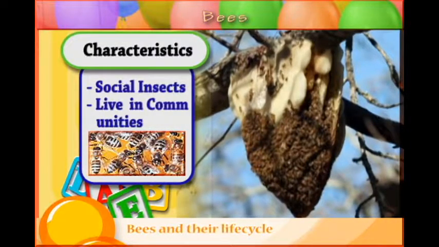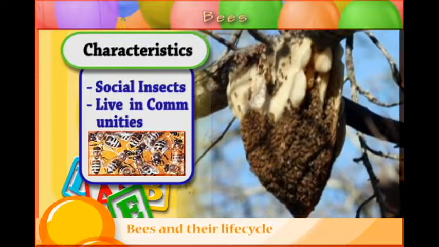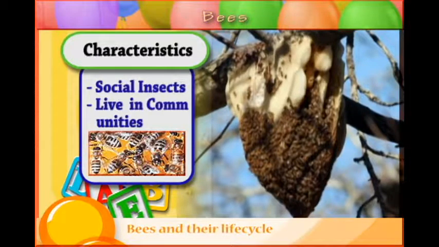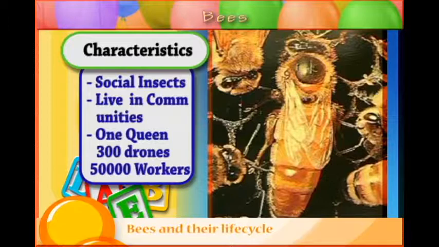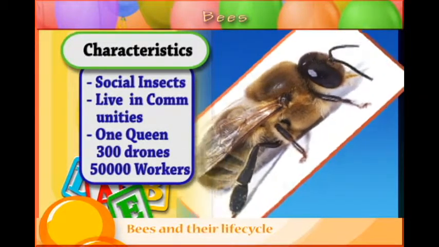That means that there are different sections or divisions of labor, and there is also a division in the hierarchy. In the beehive, we have one queen, and we may have up to about 300 drones. Those are the males.